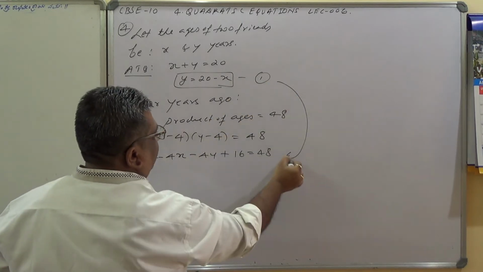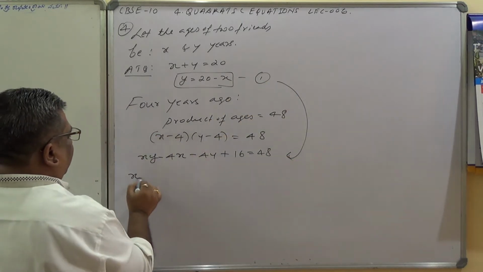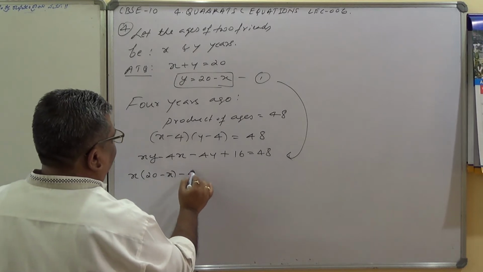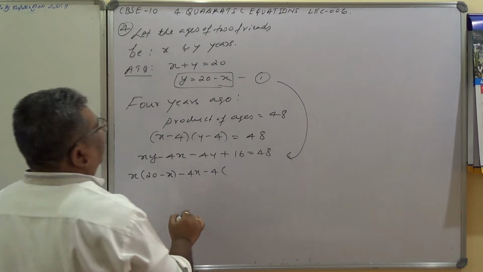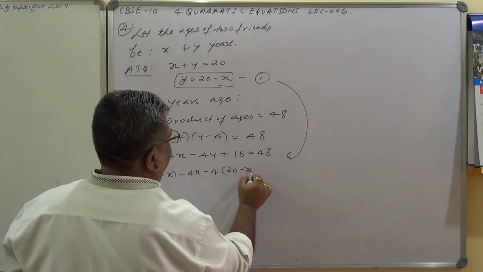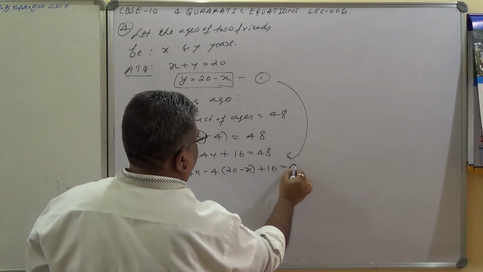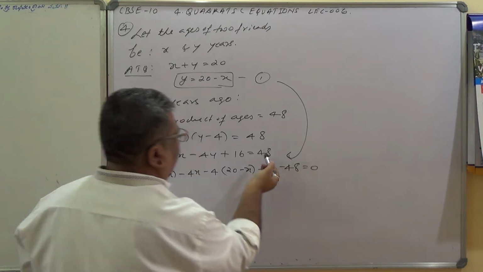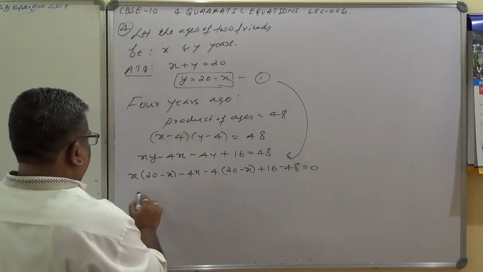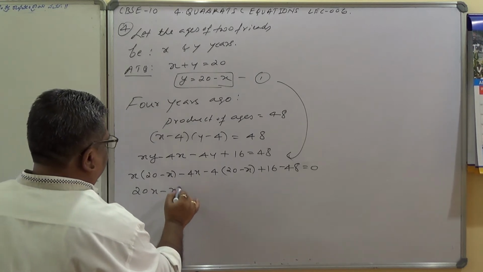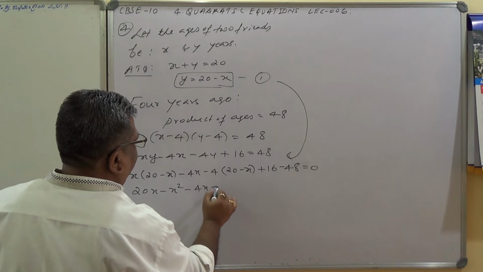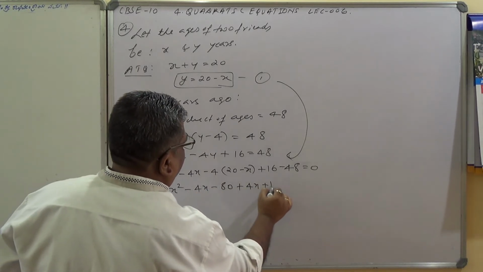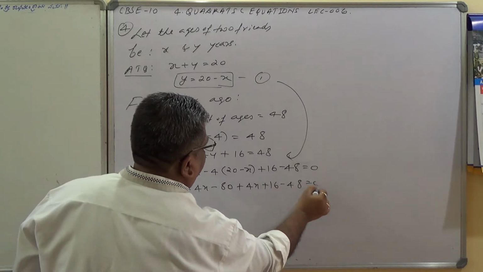From here, x times 20 minus x minus 4x minus 4 times 20 minus x plus 16 equals 48. This also I will take here, minus 48 equals 0. I have transposed this. So this is 20x minus x square minus 4x minus 80 plus 4x plus 16 minus 48 equals 0.